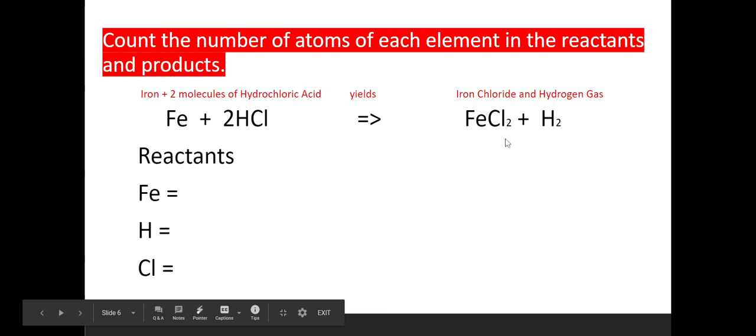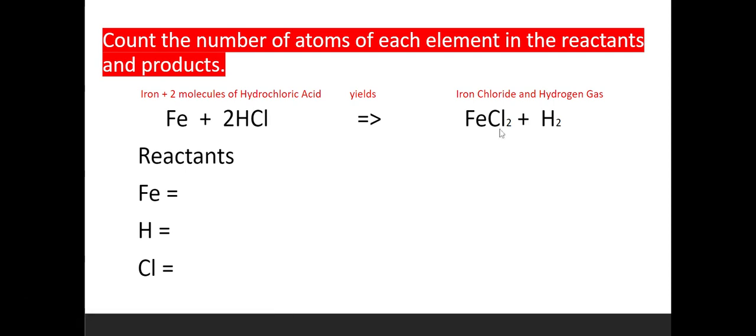Let's go over here to our yields, to our products, and we're going to count the number of iron atoms that we have, chlorine atoms that we have, and hydrogen atoms that we have. So iron's pretty easy. We can clearly see that there's 1 here in this molecule of iron chloride.